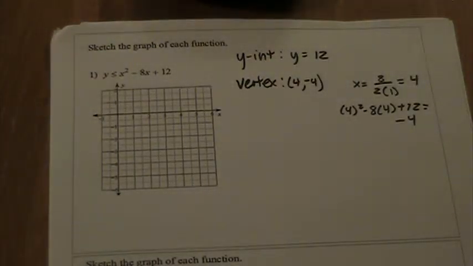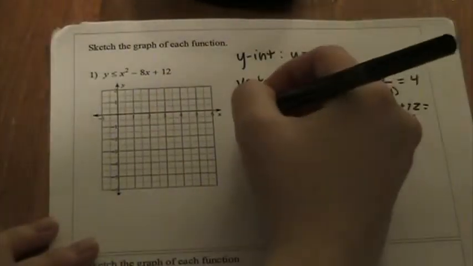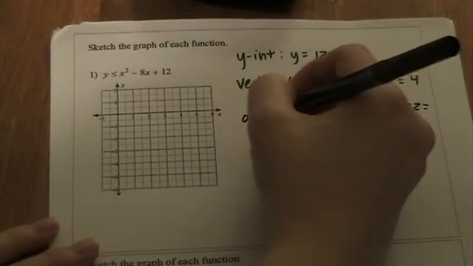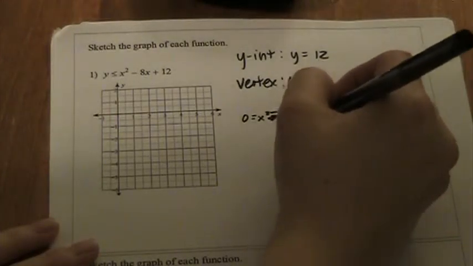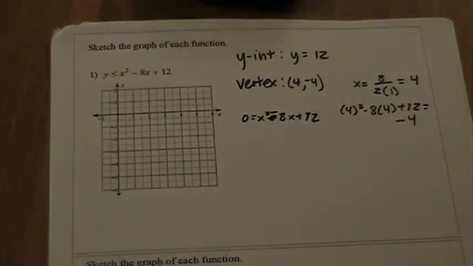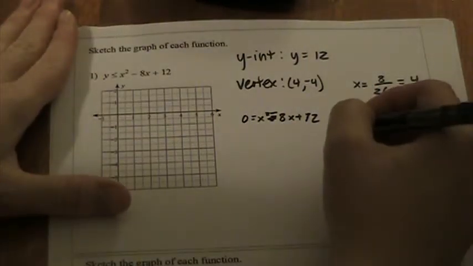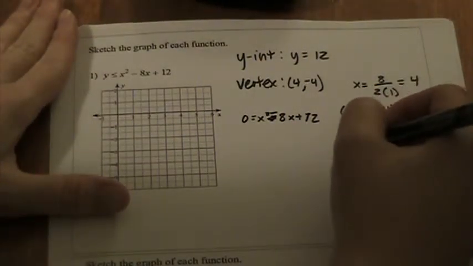And then the last piece of information that will be helpful is if we find the zeros. So if I set the quadratic expression, x squared minus 8x plus 12, equal to 0 and then solve, then I can get the zeros. I'm going to try the x puzzle first.